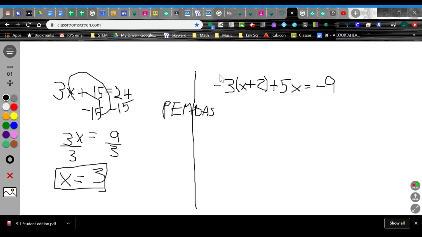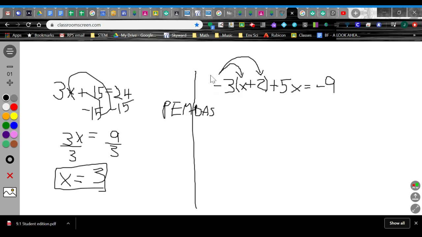Well, if you remember, we're going to use a process called the distributive property. You did this when you first started multiplying, when you did 3 times 12. You do 3 times 10, and then you add to that 3 times 2. 3 times 10 is 30, 3 times 2 is 6, so 3 times 12 would be 36. We're doing the same thing, it's just that instead of this being a 10, it's just an x.